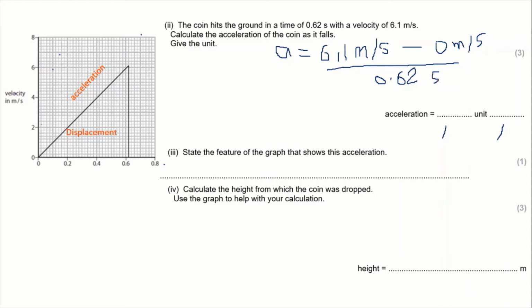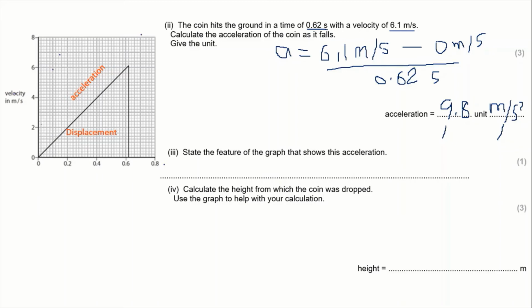All this information is given to us, and we know that it was dropped and the initial velocity is 0. You can even find these out from the graph itself, like I have shown you. So then we find the acceleration. Our acceleration becomes 9.8, and the units will be meters per second squared. Right?